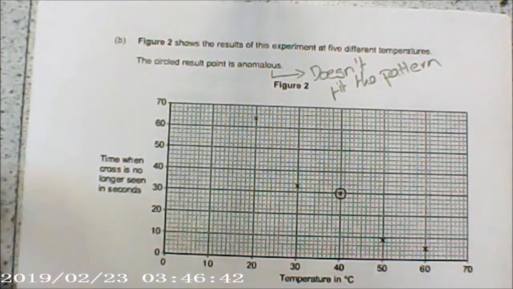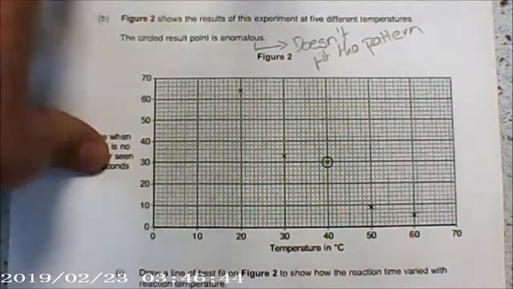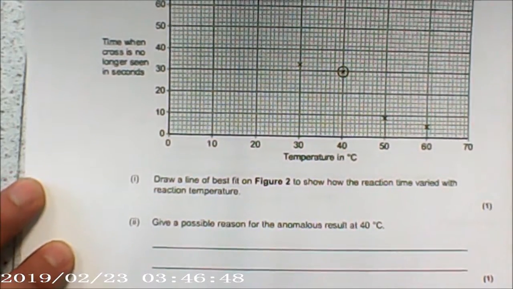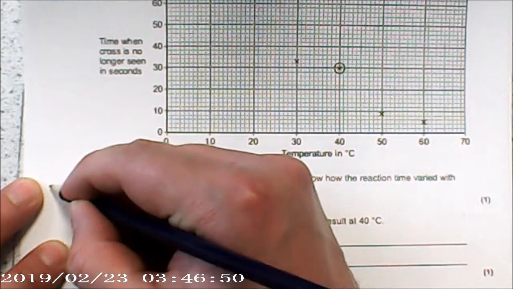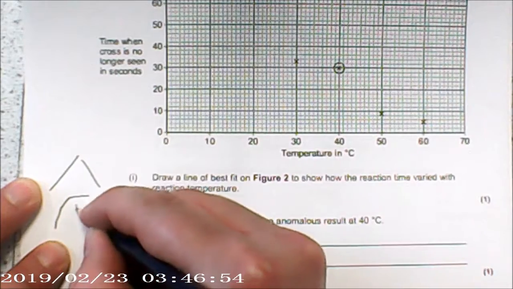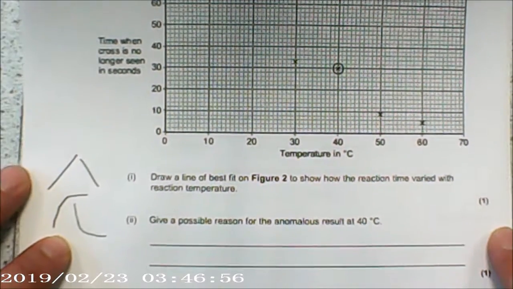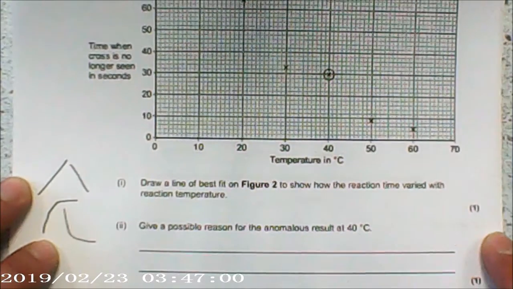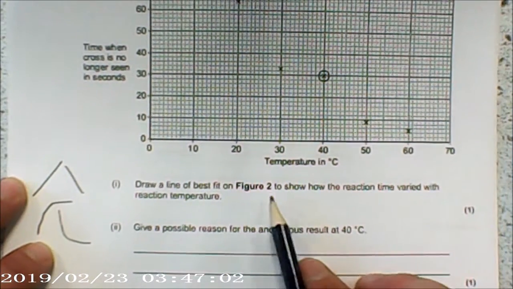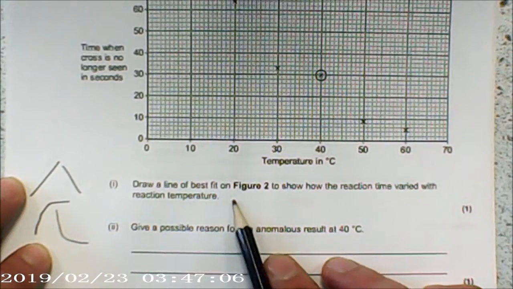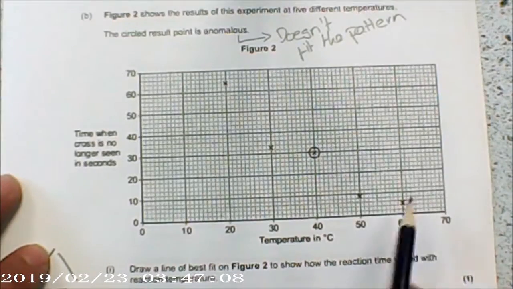So part 1, draw a line of best fit. Please remember, I feel like I say this so many times, in science it can be a straight line or it can be a curve. Just because it says a line of best fit, it does not mean it is a straight line. So draw a line of best fit on figure 2 to show how the reaction time varied with reaction temperature. So here are our results.